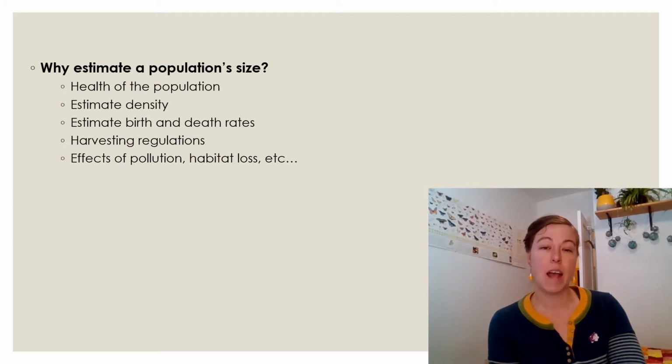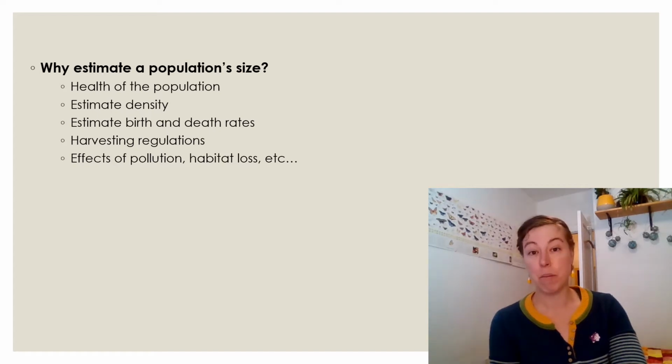We can estimate our birth and death rates, find out how many are getting born and dying each year, which can really help. And if it's a species that we're harvesting, then knowing the birth rate and death rate and the population size year to year can help us regulate how many animals we're going to harvest.